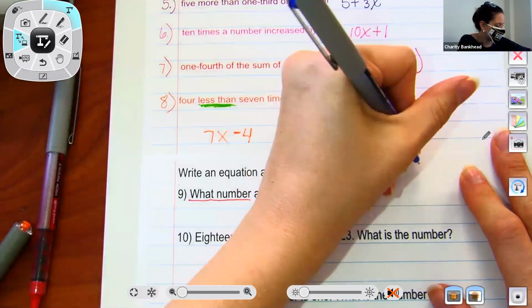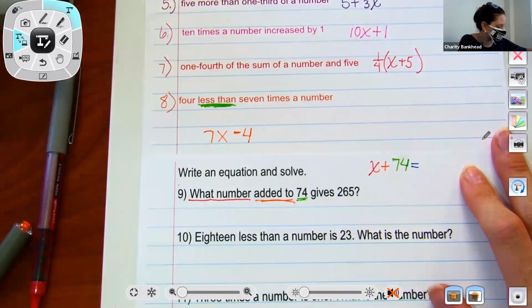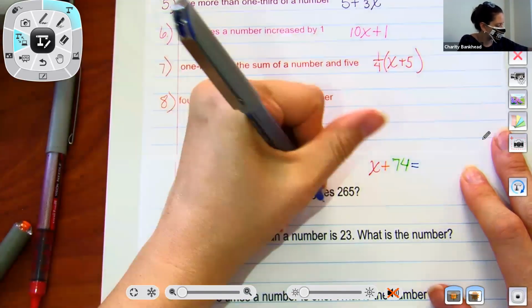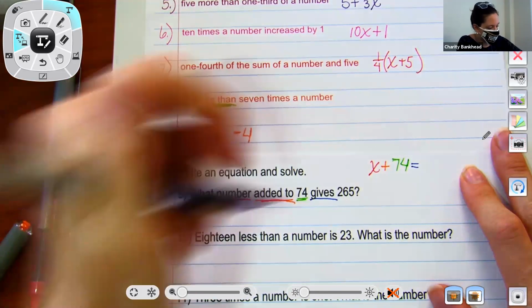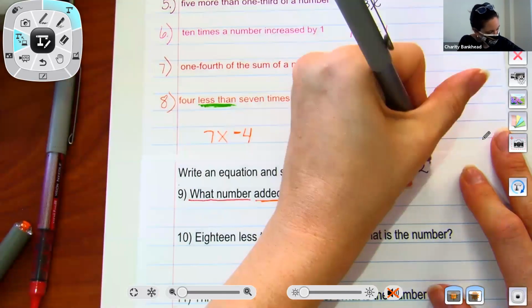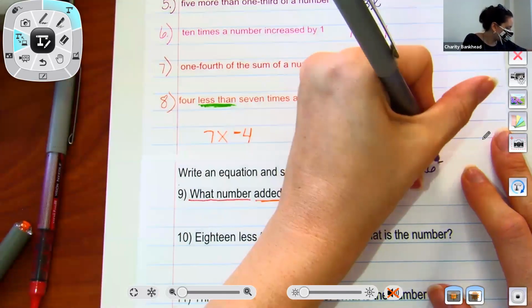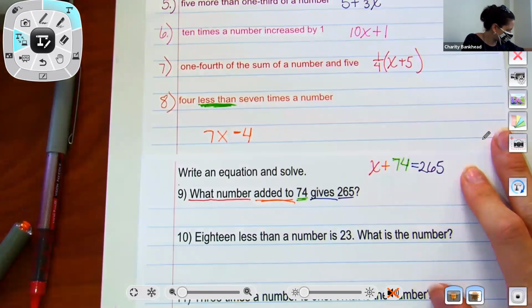So gives means equals 265. Okay, so that is the equation.